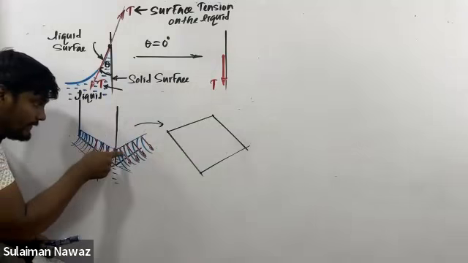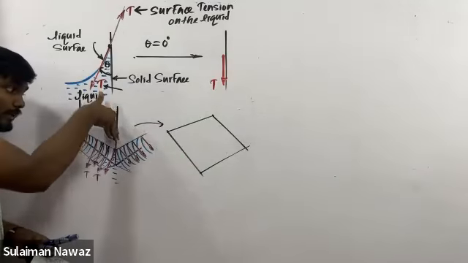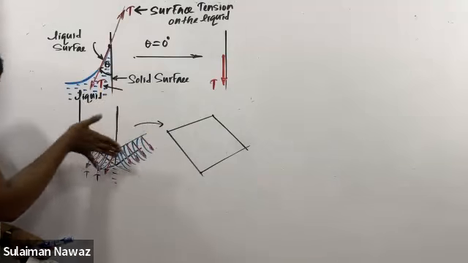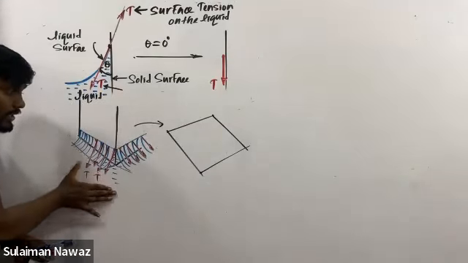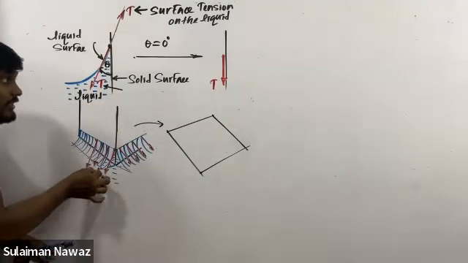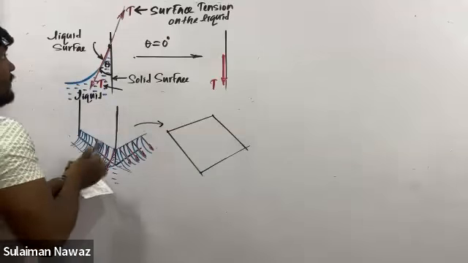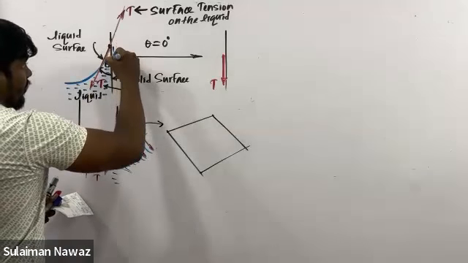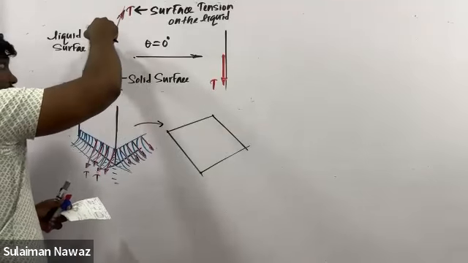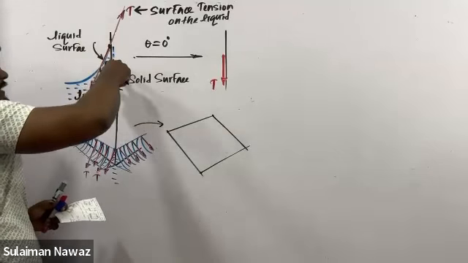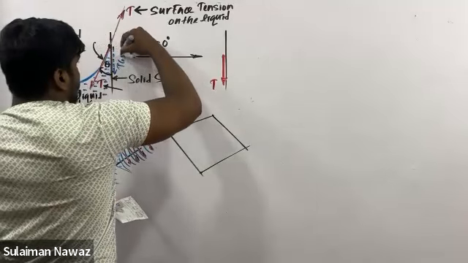If I resolve the surface tension into two perpendicular components, one is always vertical downwards, T cos theta.